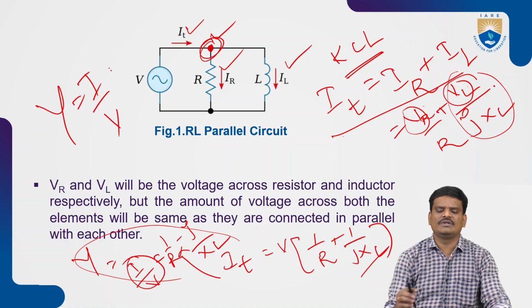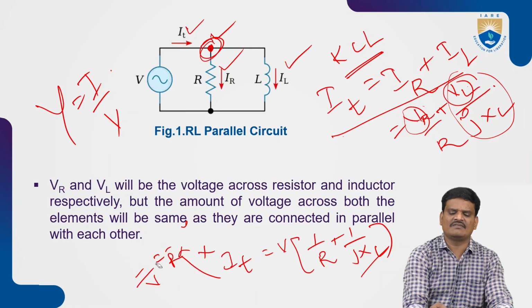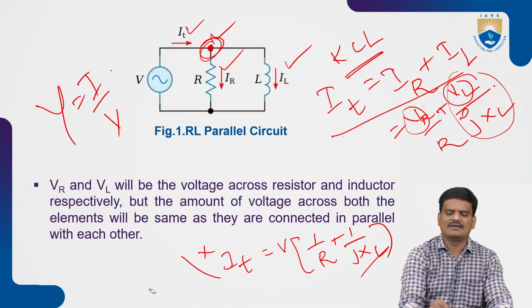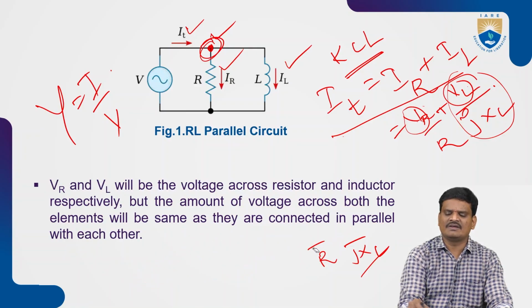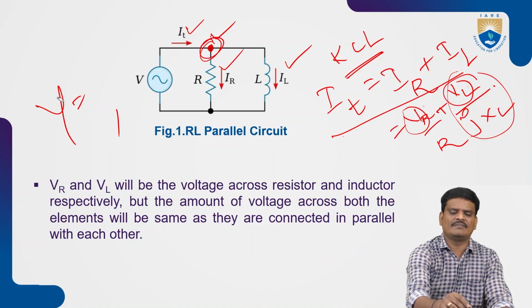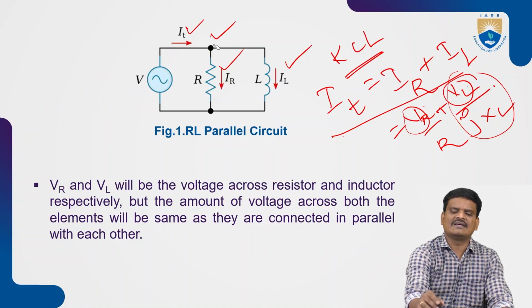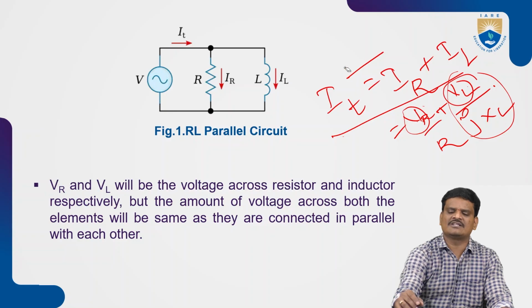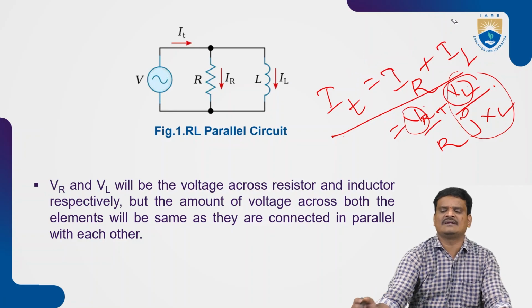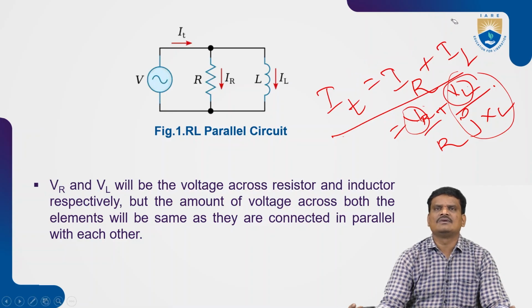So this is how you calculate the admittance of the given circuit. You need to utilize KCL at that particular node, that is, the sum of currents entering equals the sum of currents leaving at a particular node.